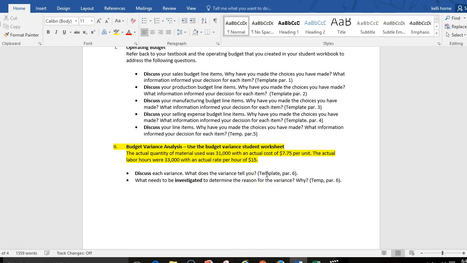What did we just do? What was our actual? What was our POHR? Just talk about that. Then, what needs to be investigated: determine the reason for the variance. What kind of factors could you go in and look at? What caused that variance? What's going on there? You've got 3 different elements to look at. And that's all you've got to do for that last paragraph.